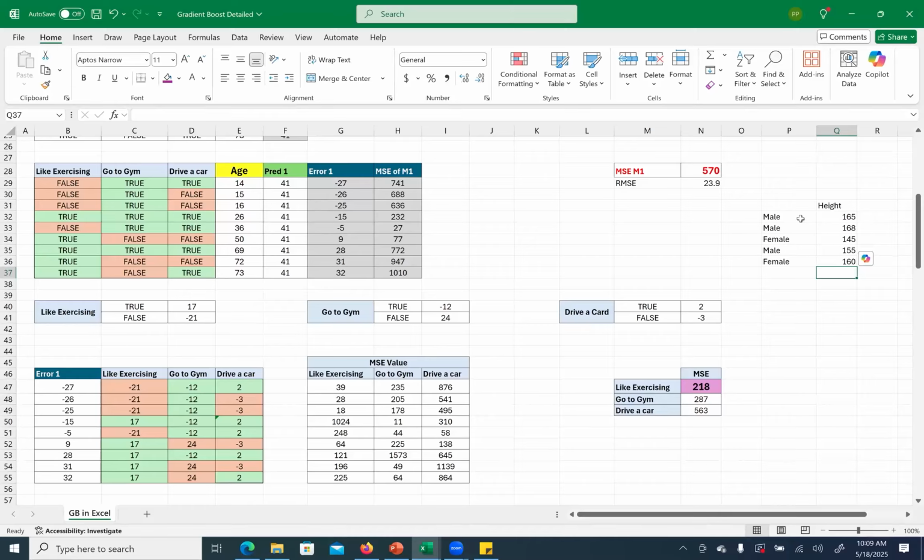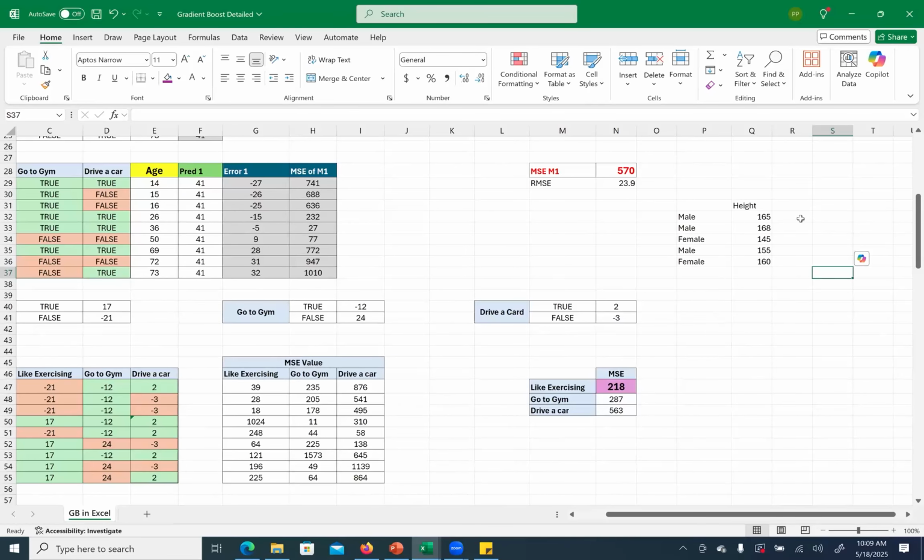I am asking you to create a model to predict height using this data set. This is your input variable. This is your target variable. What is going to be your prediction over here? Can you tell me what is going to be the prediction for this person?